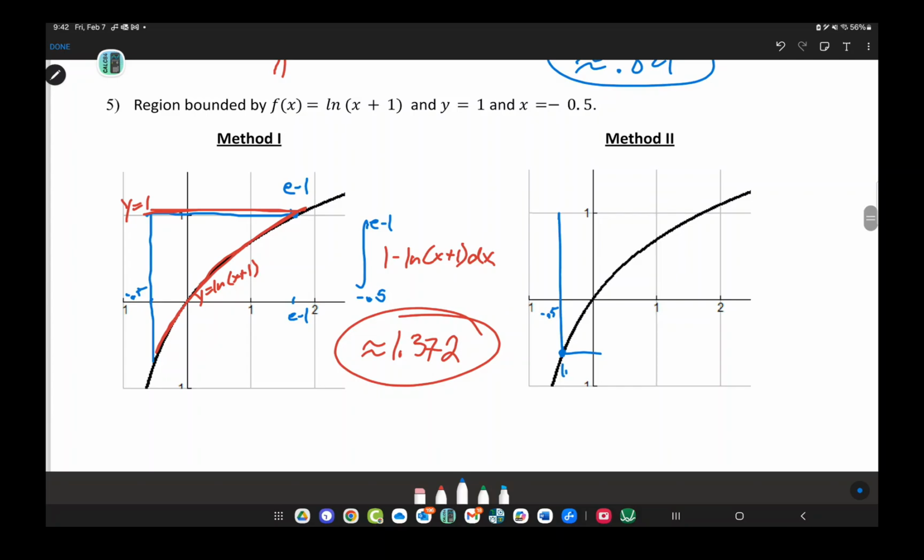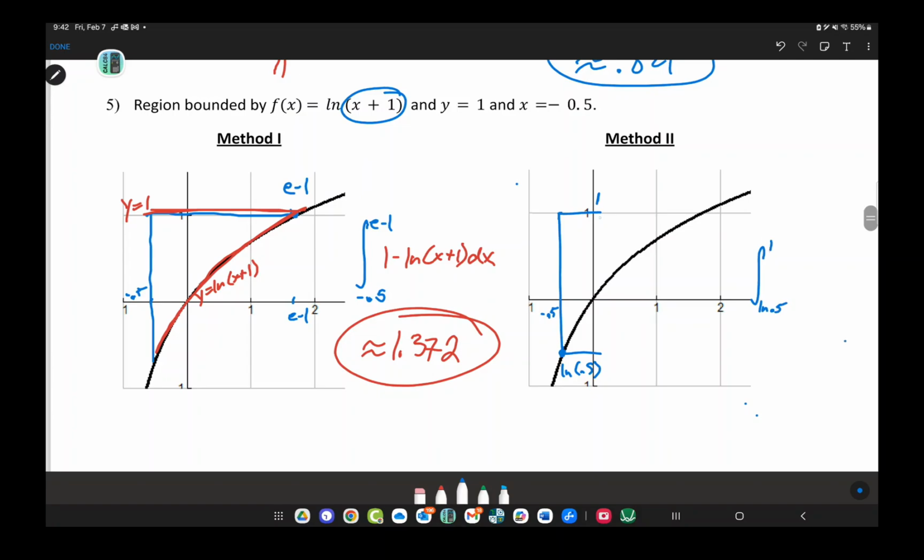Natural log of 0.5. Because you plug negative 0.5 in here, and the natural log of it is a negative value. You plug it in your calculator. So my y values go from the natural log of 0.5 to 1. So I'm going to integrate from natural log of 0.5 to 1.